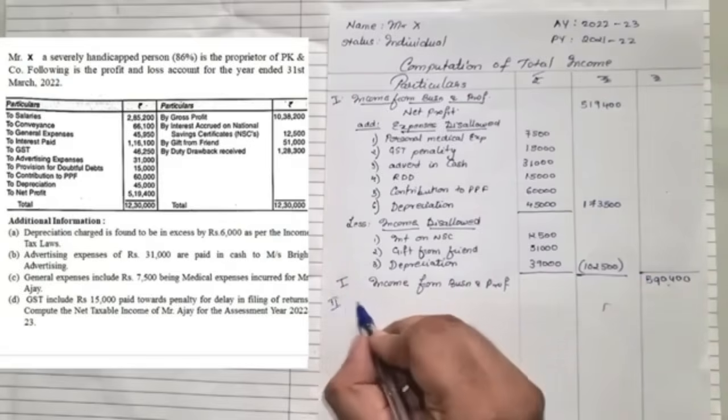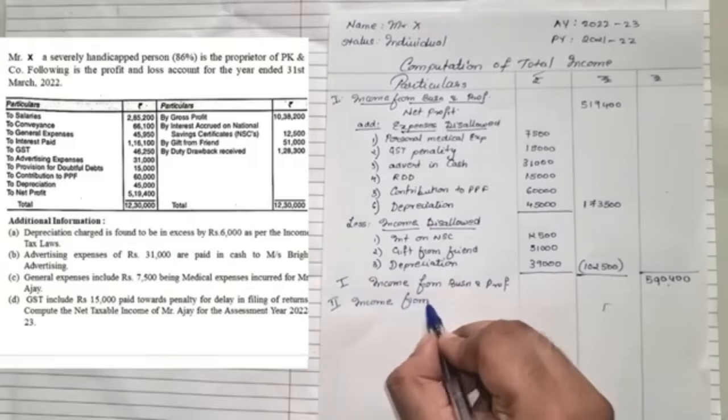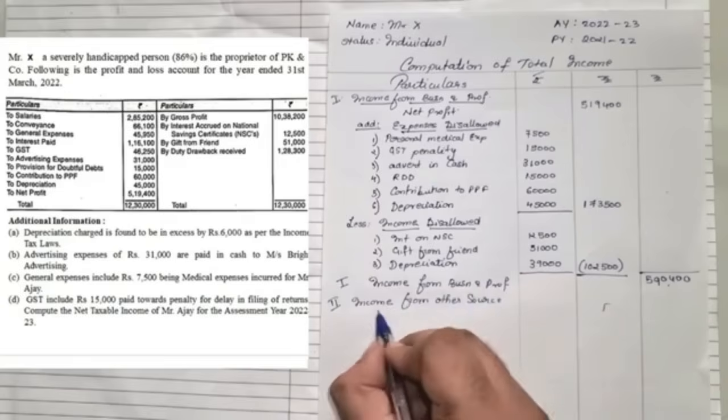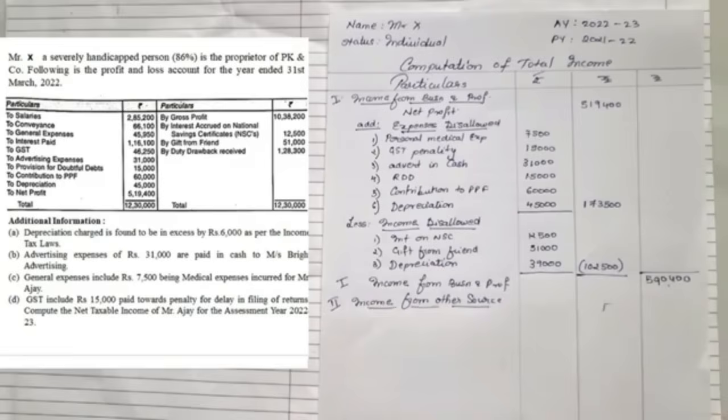Second, we jump to the second part now, that will be income from other source. Again we'll have to look at the income side. So income I can see there is NSE, and the second one was gift from friend. Now the rule for income from other source is, if any non-relative is giving you a gift of more than 50,000, it will be fully taxable.